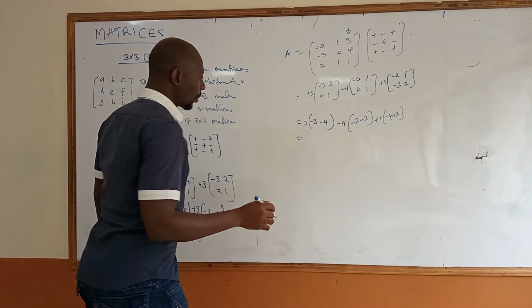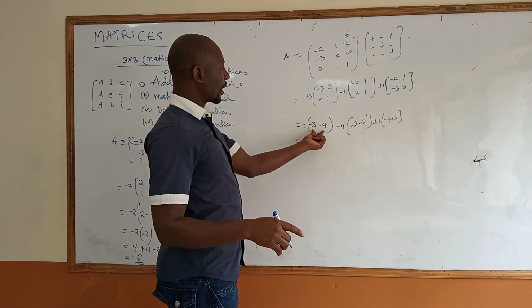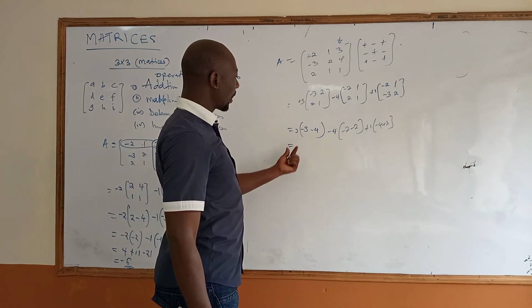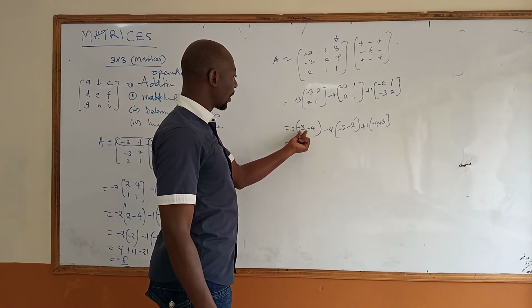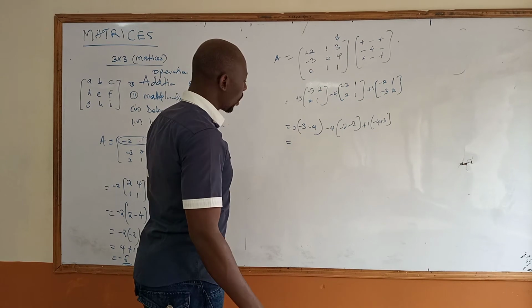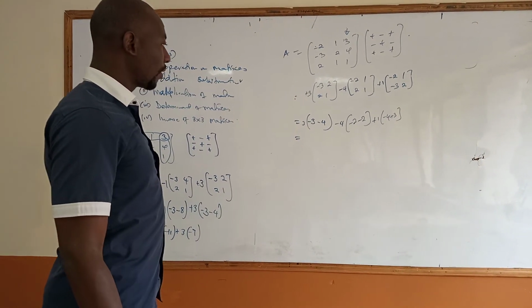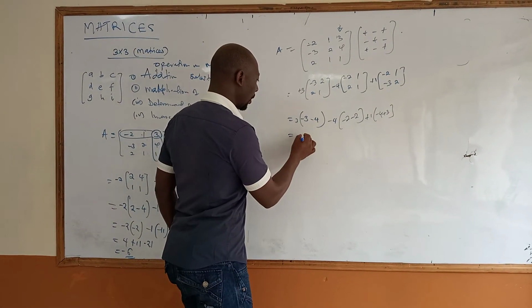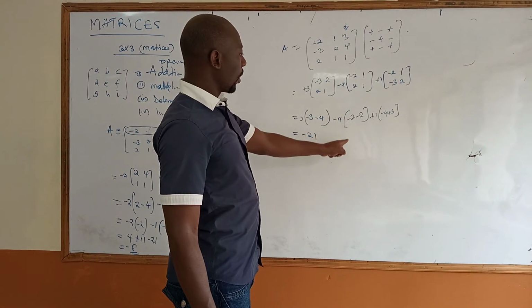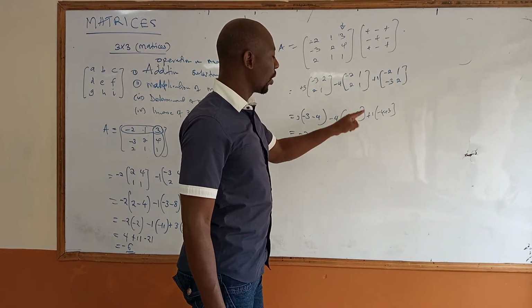So if you do this, this is -12, this is minus, -3 minus 4 gives you -7. So -7 by 3 gives you -21. This is 2 minus 2 gives you -4.